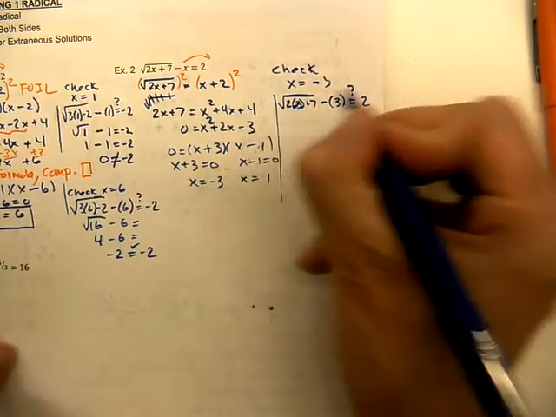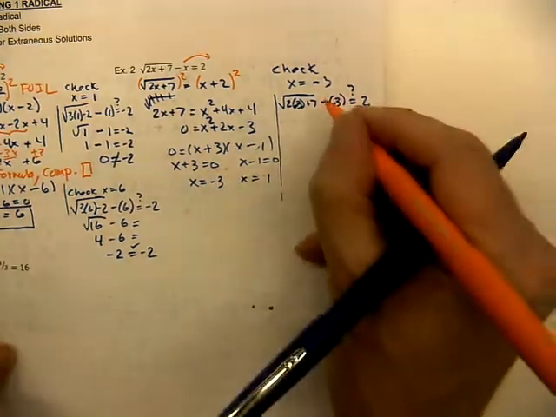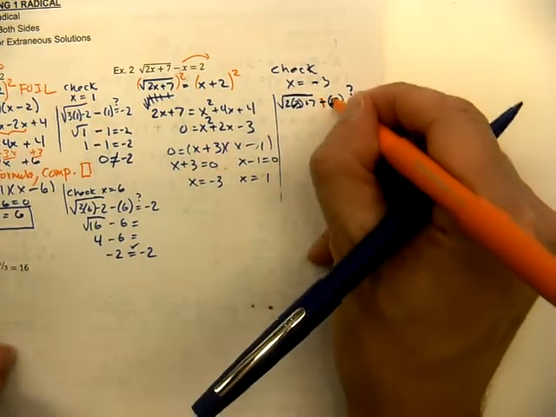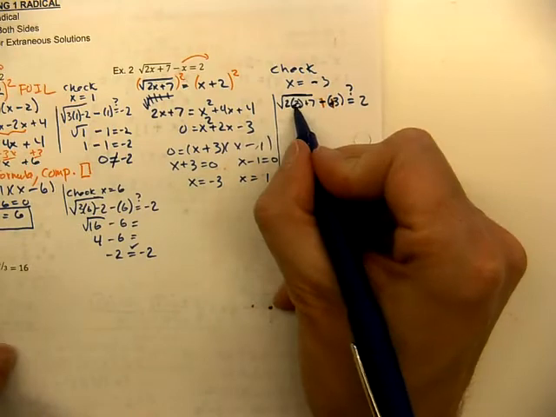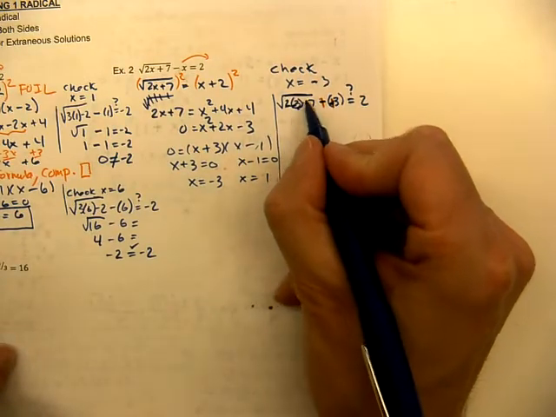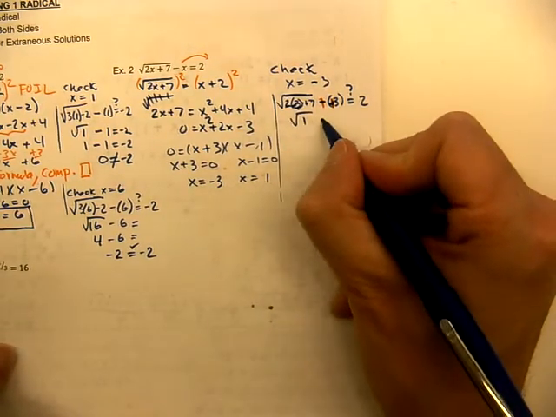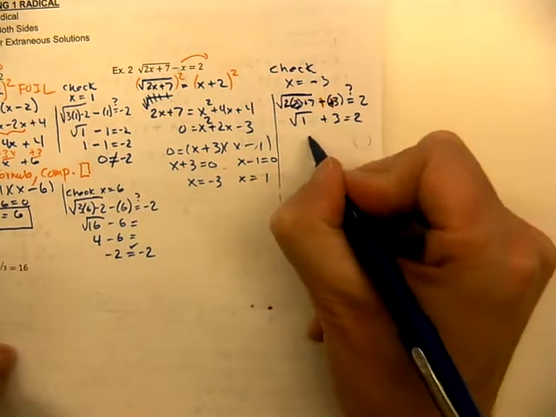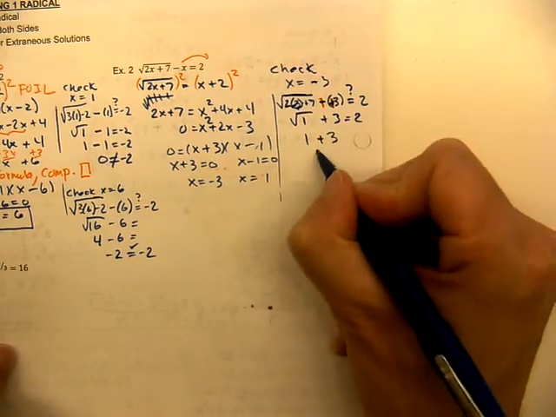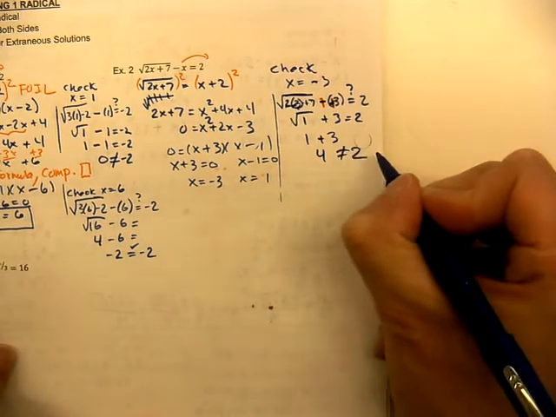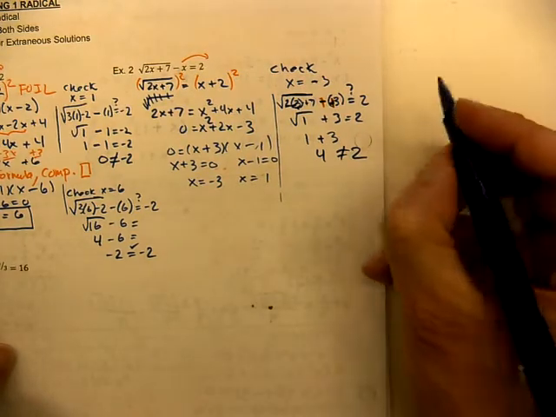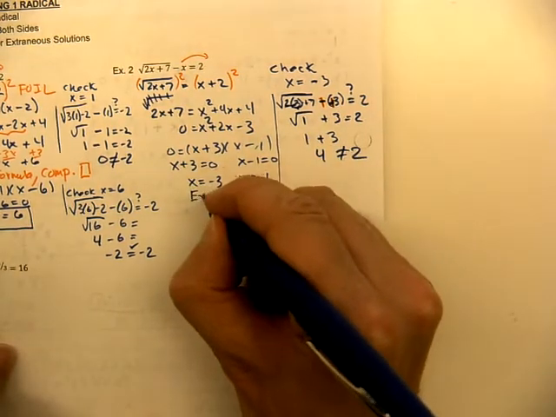Let me fix my signs here. So when we subtract that negative 3, that will turn into adding a positive. So 2 times a negative 3 is a negative 6 plus 7. That's going to be a 1 under the radical. So that would be a 1 plus 3, and that gives us a 4. So clearly that does not give us the answer of 2 we were looking for, so that one is extraneous.